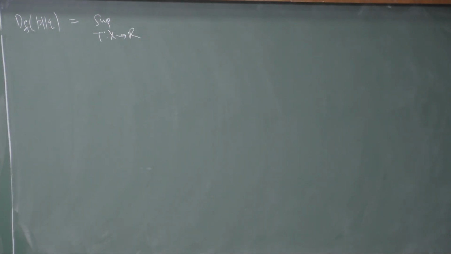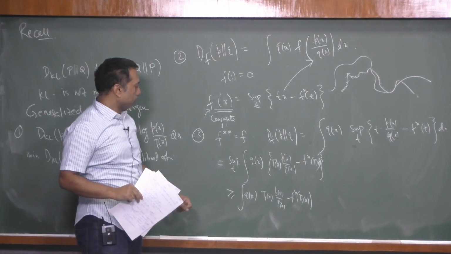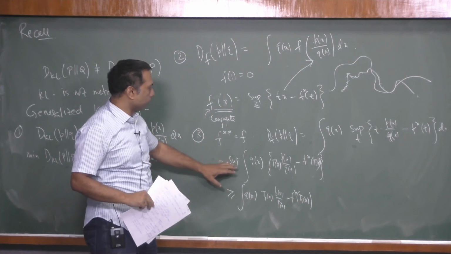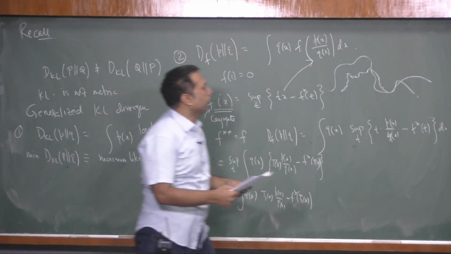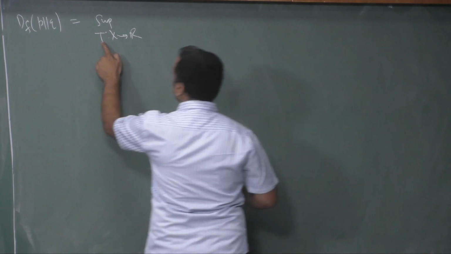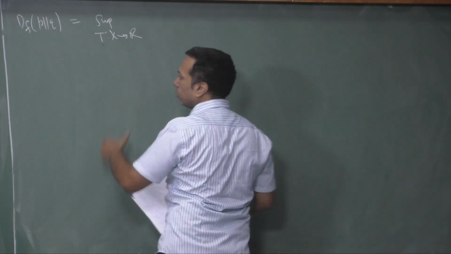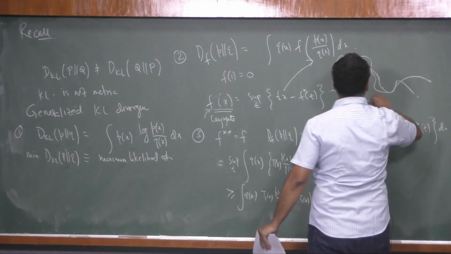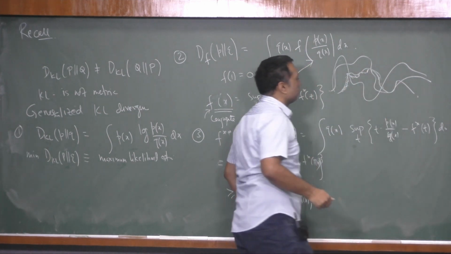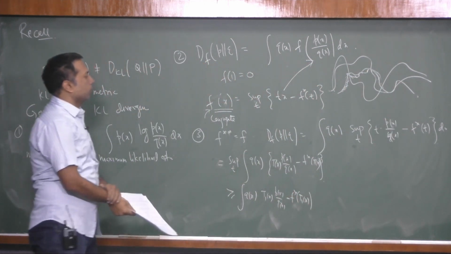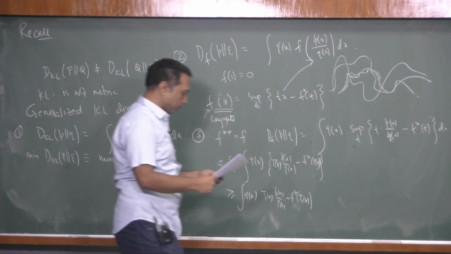I'm not very precise here, this is just a rough sketch. What I really want to specify is that you supremize over all possible operators that you may have. Some operators will be bad, some will be good, but out of all this, there will be one which will give you the optimal.